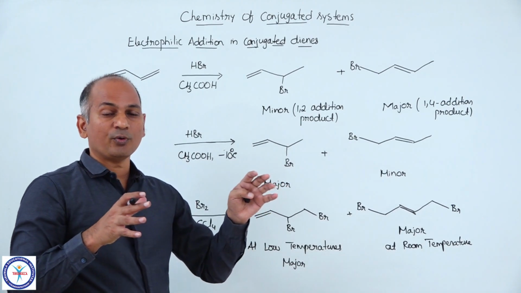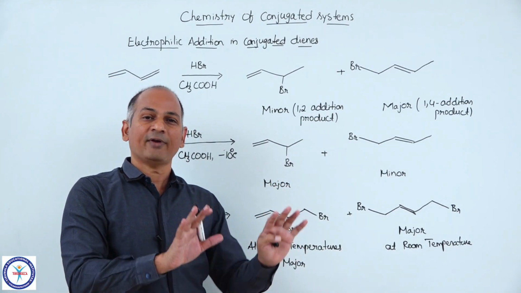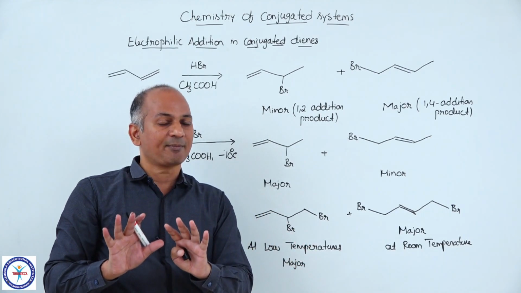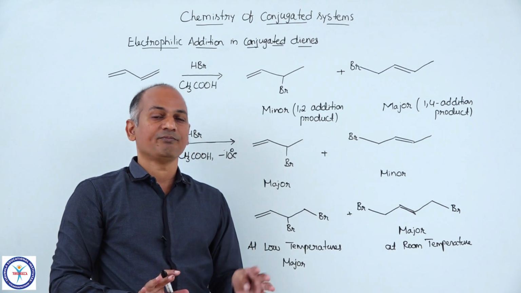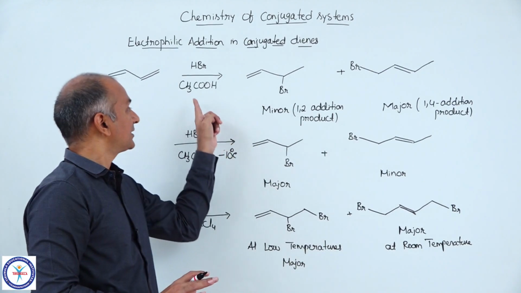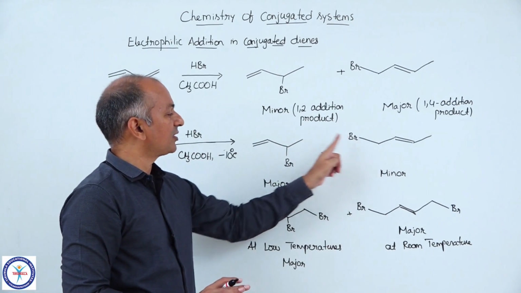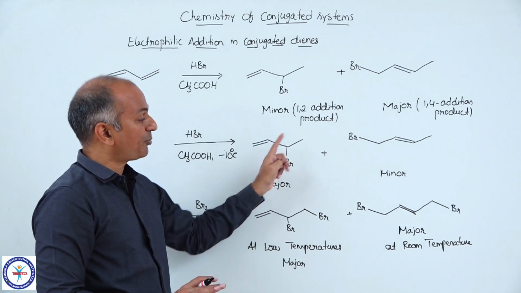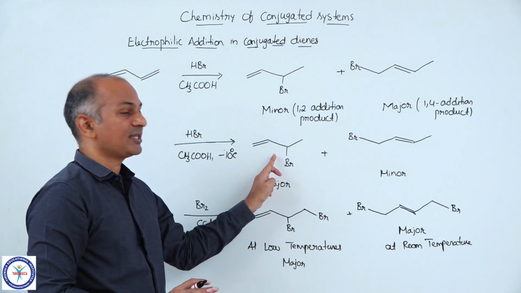Now you allow the reaction to go to completion. Wait further, keeping the temperature at minus 10 degrees Celsius. Once the reaction gets over, you increase the temperature to maybe 25 degrees Celsius. Then the composition of the mixture changes. Now the 1,4 product becomes the major and the 1,2 becomes the minor.